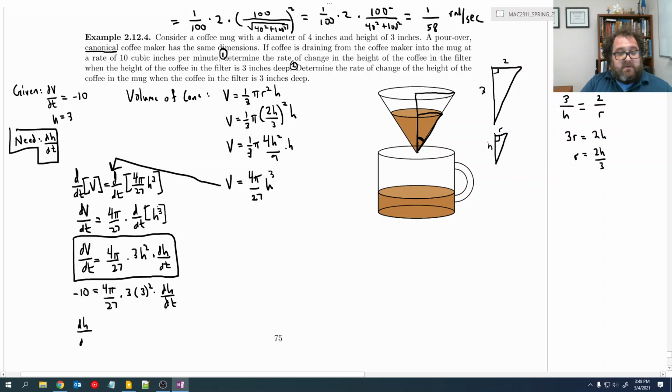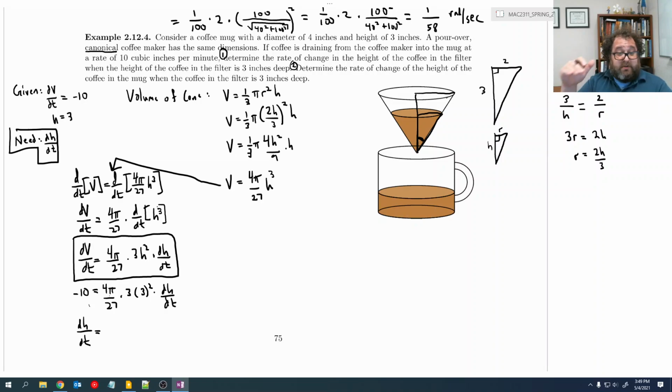So dh/dt is what? Well, it's negative 10. Let me grab a calculator. Dividing by 4 pi over 27 is like multiplying by the reciprocal, so that would be negative 10 times 27 divided by 4 pi. I'm not going to divide by the pi because I don't want to approximate the answer.